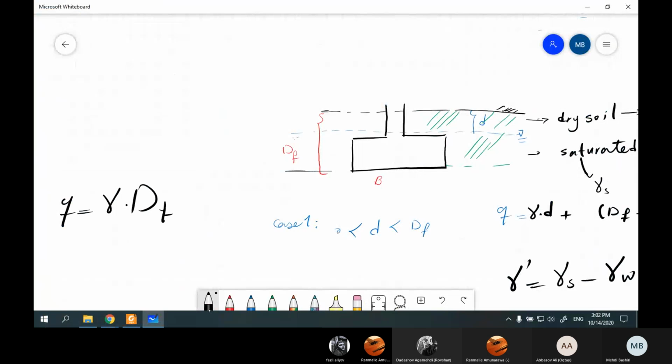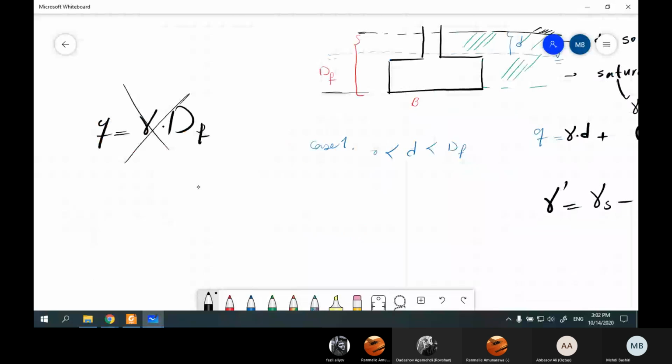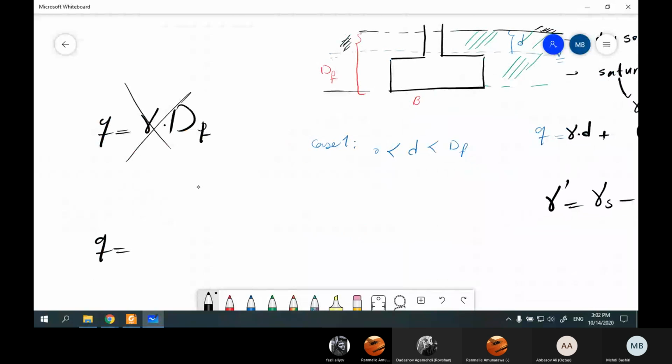But in this case, because we have different levels and conditions, it's not this anymore. q is the first part, gamma times d, plus this part, total Df minus d, times gamma saturated minus gamma water.